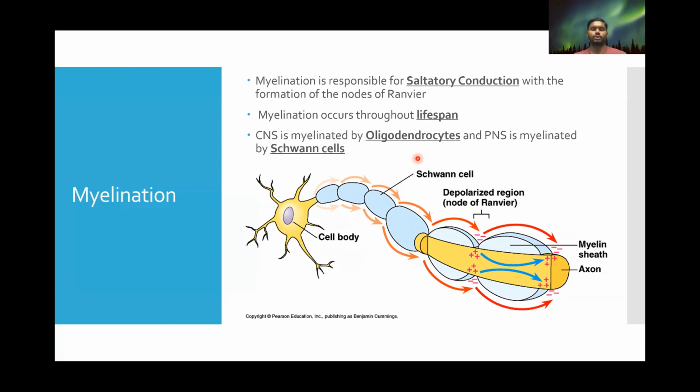However, with saltatory conduction, you only have to depolarize the membrane at the nodes of Ranvier, and it drastically increases the speed of conduction. Now, myelination, of all these processes we talked about previously, doesn't only happen during development of the future child. Myelination actually occurs throughout your lifespan.